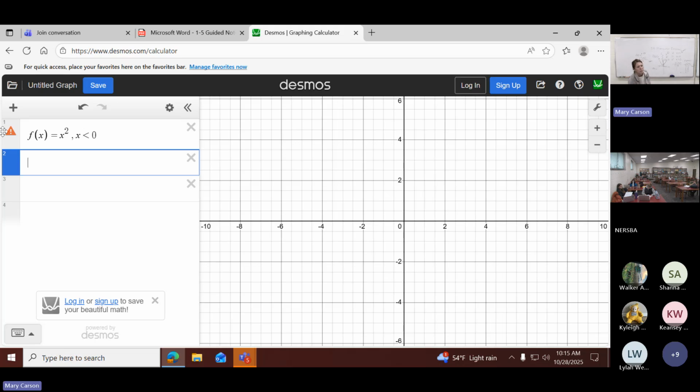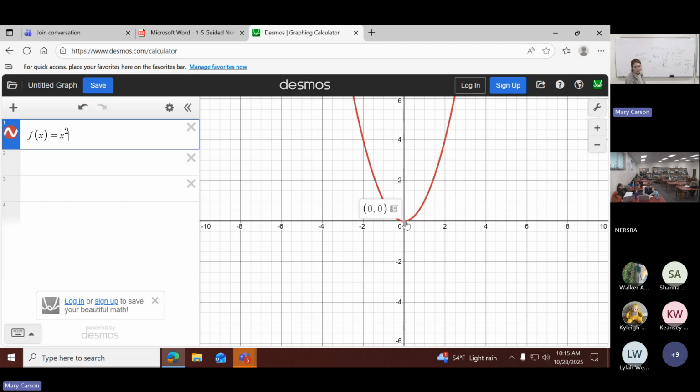Nope. Okay, I don't know how to do this. Cannot use an inequality here. Okay, well, we might not be able to do it on Desmos. Notice here though, we're doing x is less than 0, so this is that part here. We can at least graph, it's just not gonna have the domain restrictions on there.